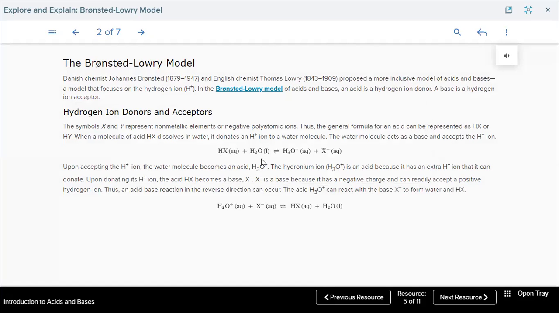It will produce H3O, because H2O accepts hydrogen to be H3O plus X negative. So in this way, HX is called what? Acid or base?